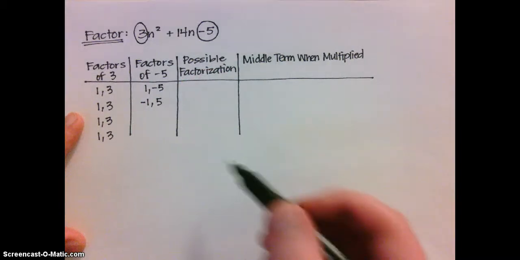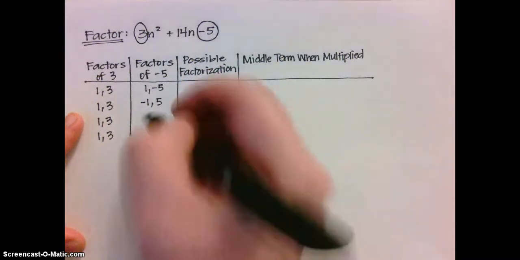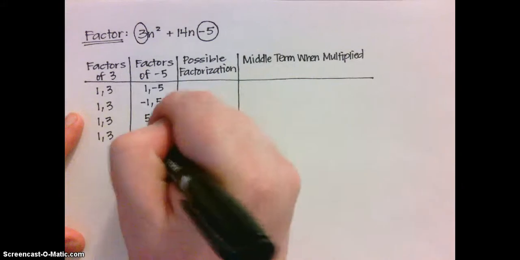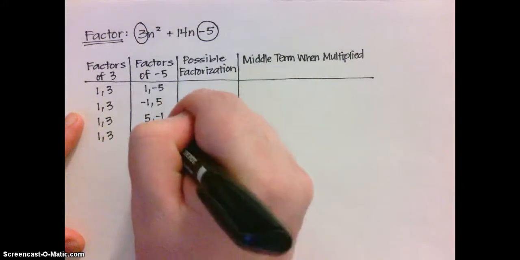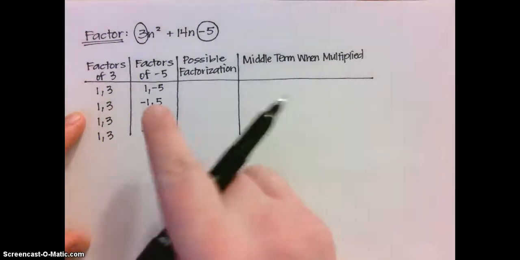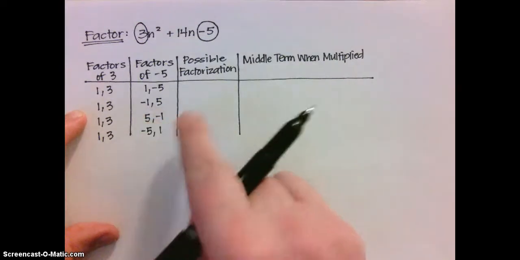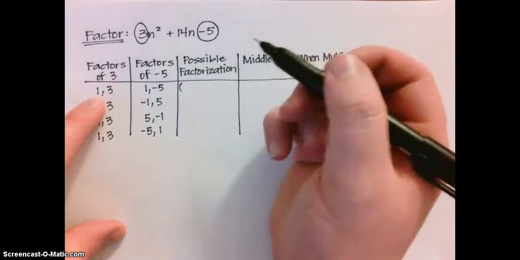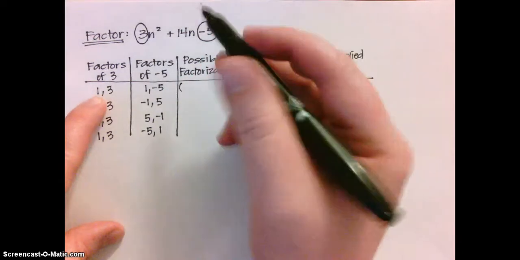But remember, the order matters as well. So why don't we look at 5 and -1, and also -5 and +1, right? Because order matters. Because now I'm going to try to factor this out as some different possibilities. So this will tell me the coefficient for the n.